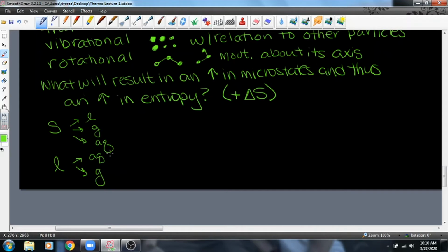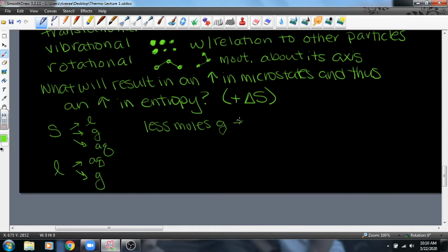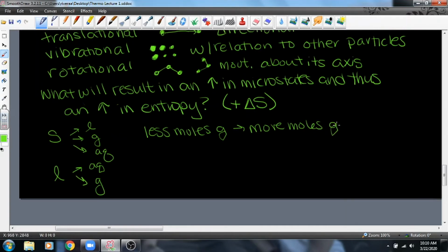What else? Oh, I know. If we have a reaction that goes from less moles of gas to producing more moles of gas, that will increase entropy for sure, because now you've got more particles, more possible positions and arrangements for them to be in.